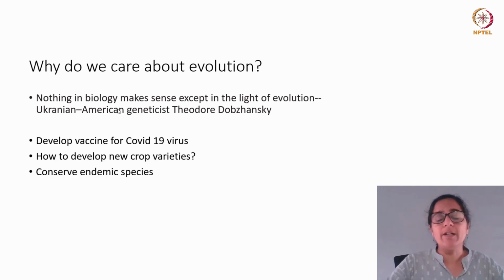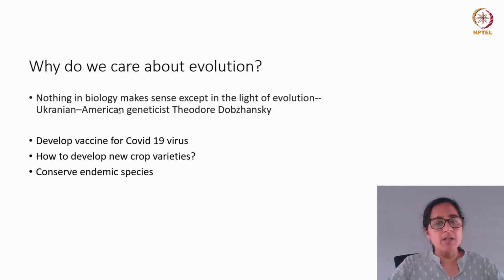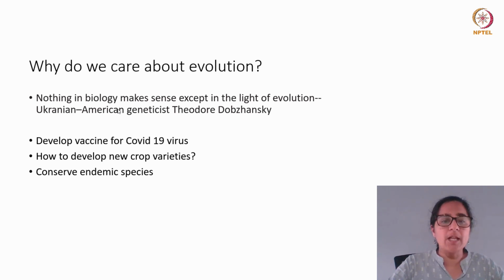Let's take up COVID, which we are all aware of, which happened a few years ago. During the pandemic, people were developing vaccines for the COVID-19 virus, right? The knowledge of how the virus is evolving very quickly is useful for developing vaccines.